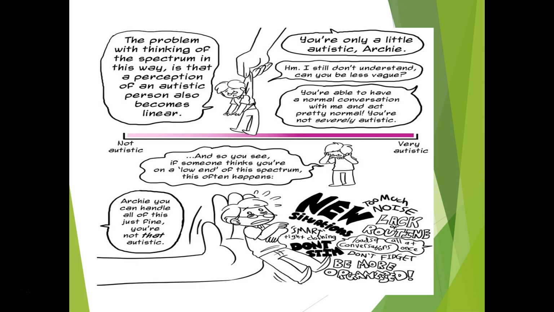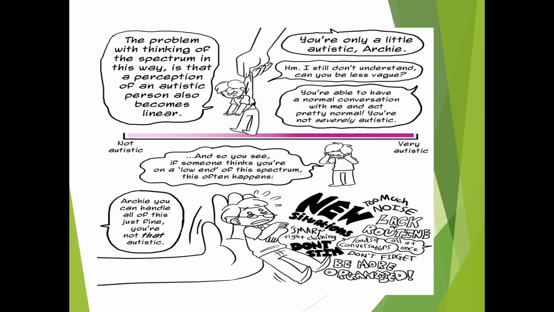And I really like this cartoon because it shows a continuum from not autistic all the way to very autistic, and sometimes the struggle that kids go through. And the problem with thinking of the spectrum in this way is that a perception of an autistic person also becomes linear, and it really isn't a linear problem.